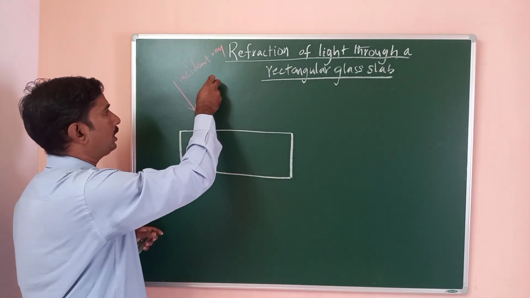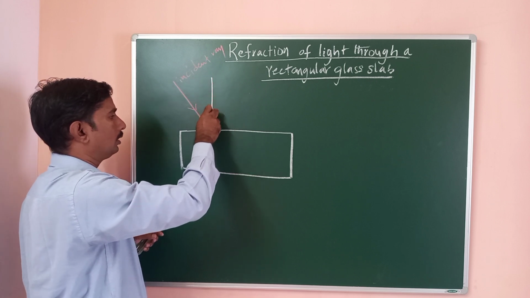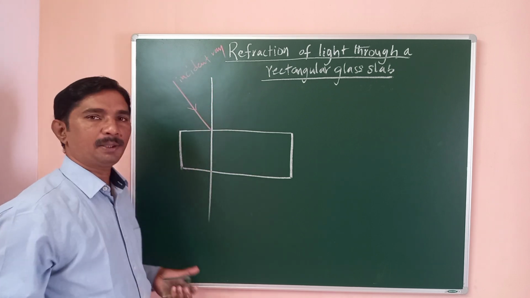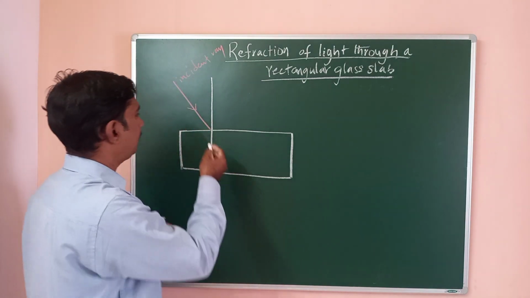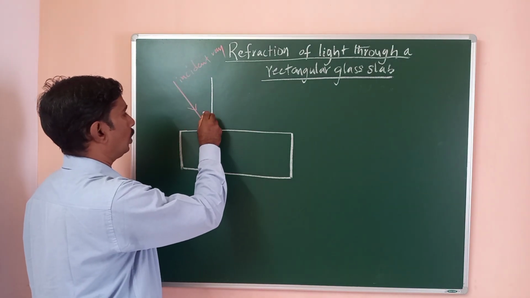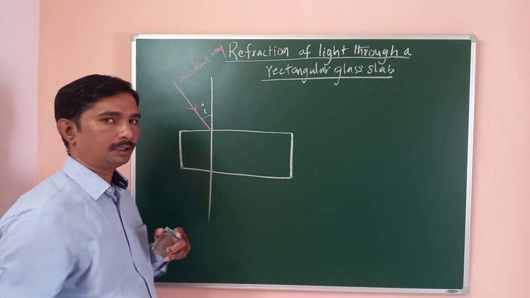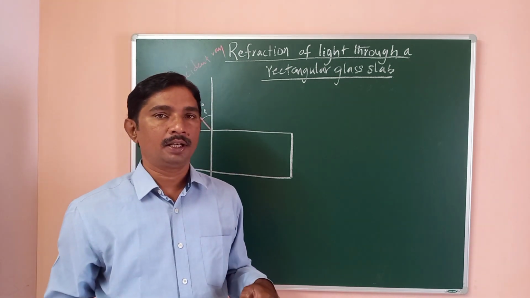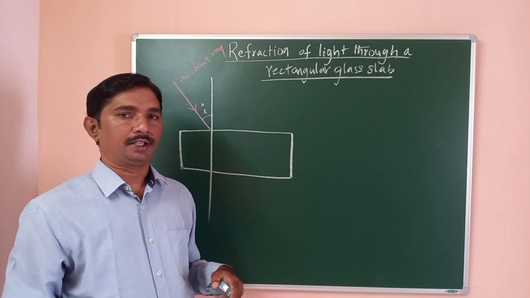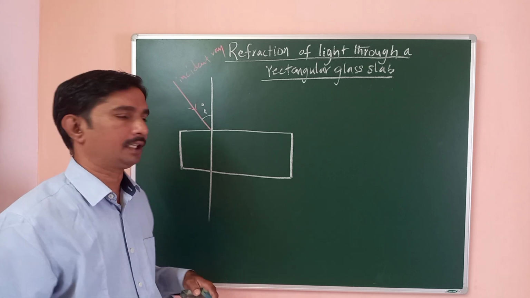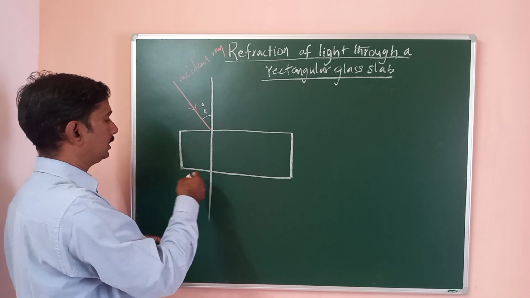At that point, we draw a normal. A normal is a perpendicular line drawn to a surface. The angle between the incident ray and the normal is called the angle of incidence.